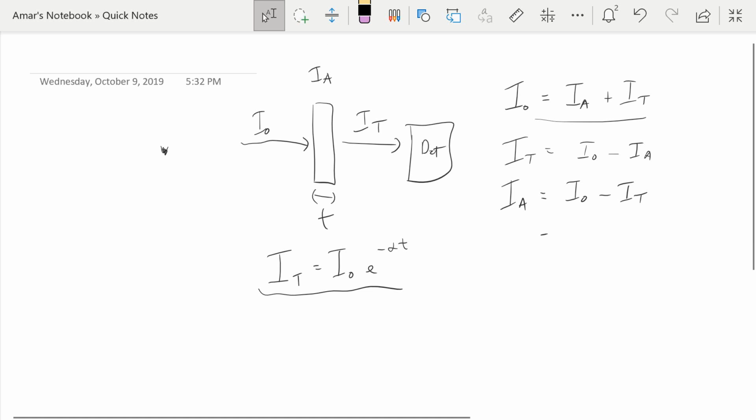So we put those together and we get I0 minus I0 e to the negative alpha t. And then the I0s can come out here: I0 times (1 minus e to the negative alpha t). Okay, so we have an equation to find IA. It's equal to I0 times this exponential term.